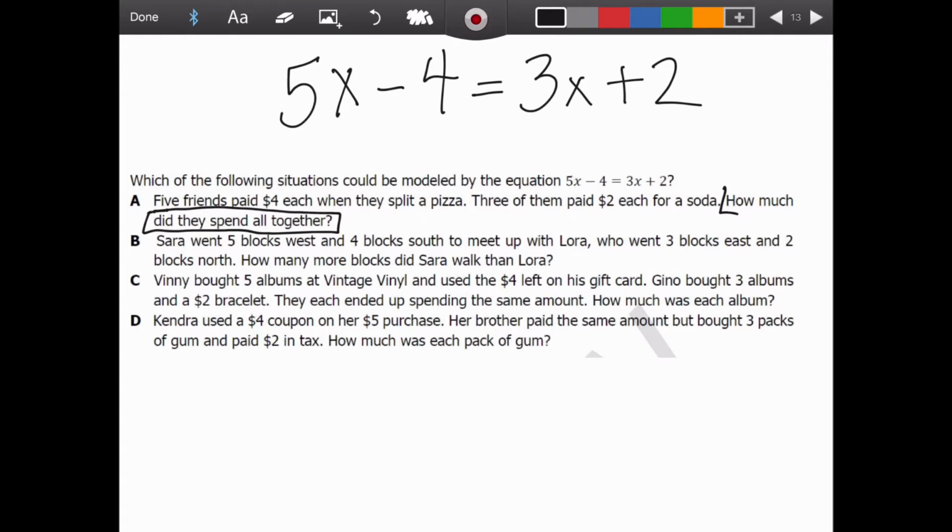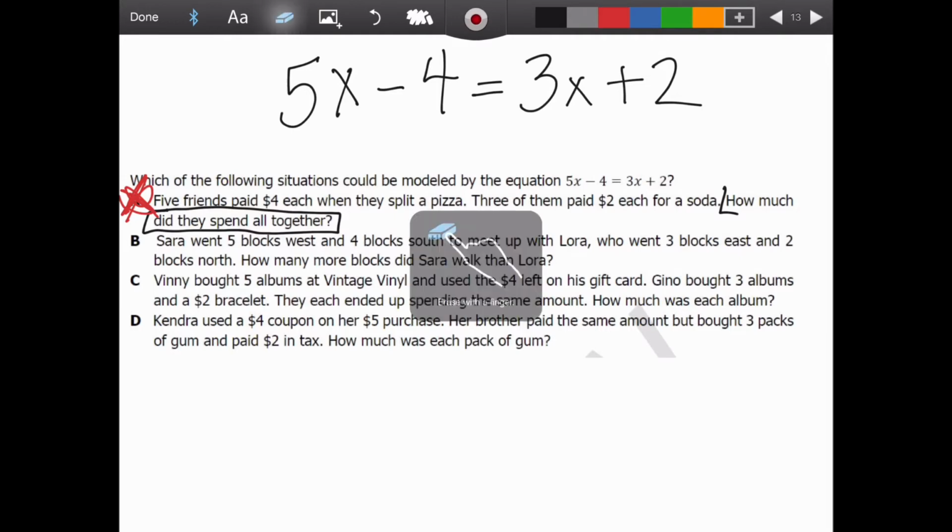That means I would be adding all of those things up. I'm not really setting anything equal to one another. Therefore, I know that option A is not my answer choice because they want me to just add everything. I'm not setting anything equal. Nothing is the same.